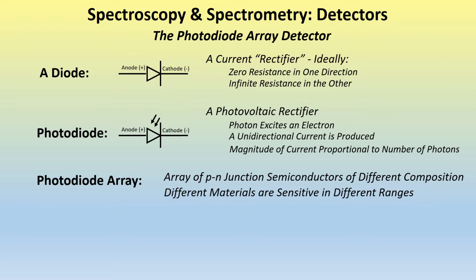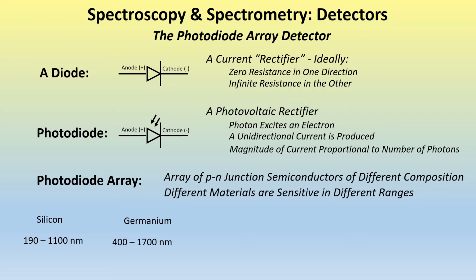As can be seen, silicon semiconductors are sensitive to light between 190 and 1100 nanometers. Germanium diode semiconductors are sensitive between 400 and 1700 nanometers.